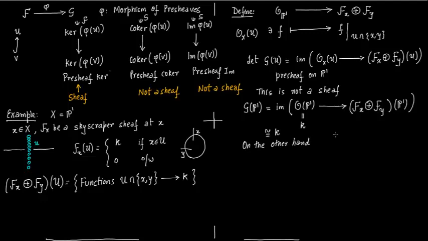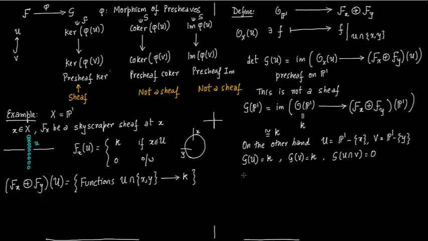On the other hand, if you let u to be P1 minus x, and v to be P1 minus y, then g of u is K and g of v is K. Yeah, because g of u contains y, and we have this sheaf which takes value K only at x and y.